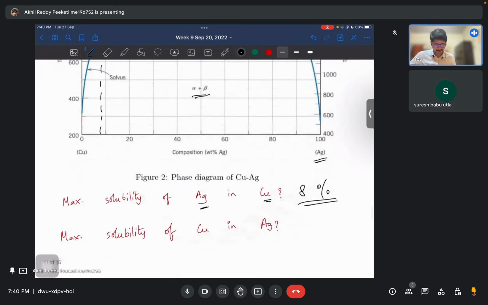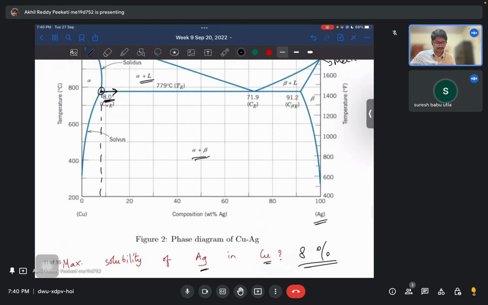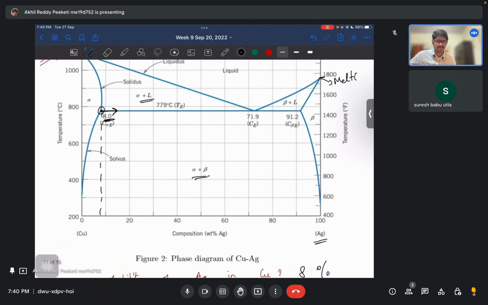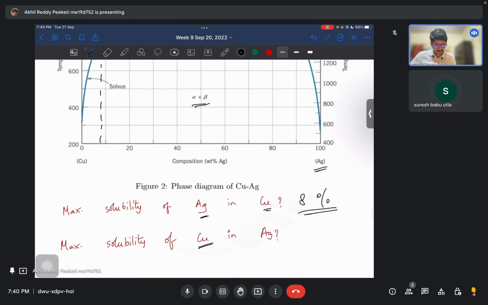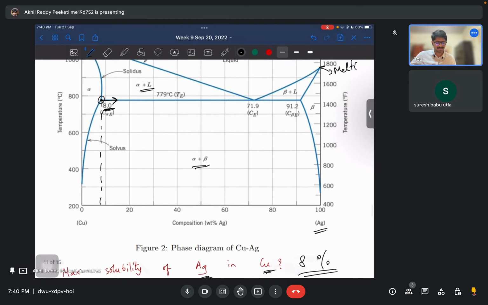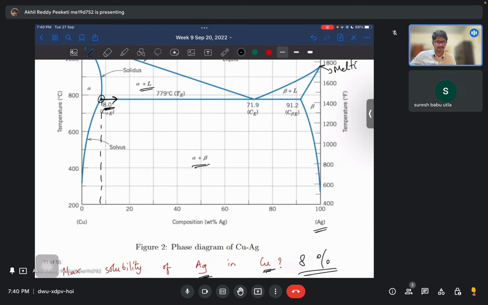Now maximum solubility of Cu in Ag. So in pure Ag, how much copper can you put at maximum? Can you tell the answer for this? Previously we did maximum solubility of silver in copper. Now it's the reverse. We have silver as the solvent, and what is the maximum copper that you can have?